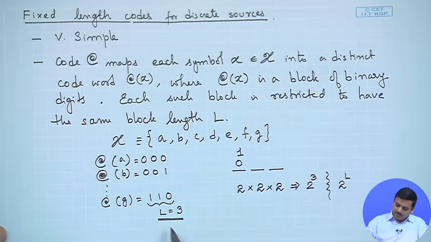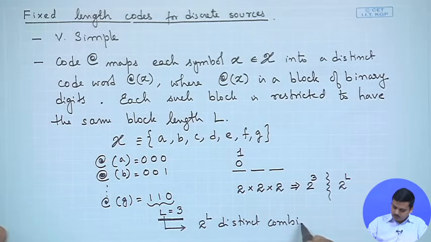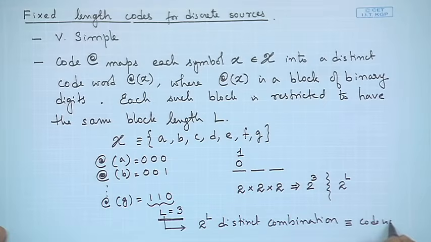So that means if L is the length of the code, there are 2 to the power of L distinct combinations that are possible, or code words that are possible.